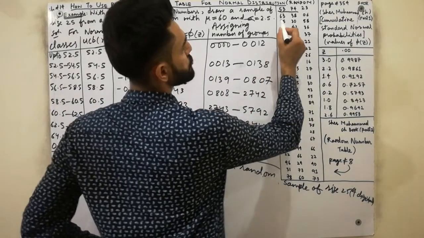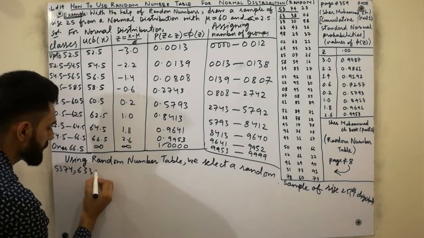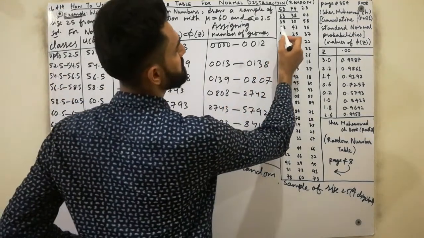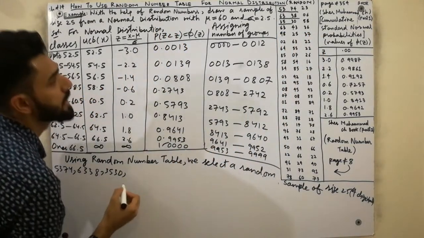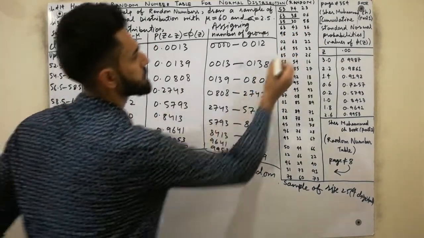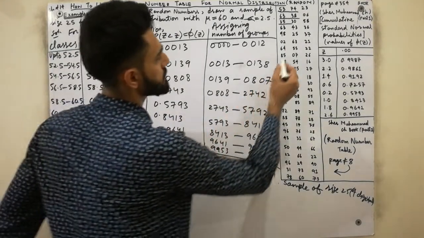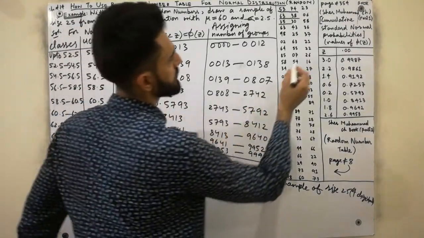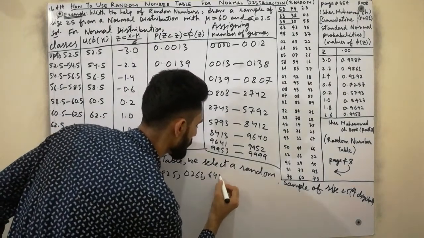574. Next, 6338. That size is 4 digit. Next, 3530. Next, 6343. Next, 9825. Next, 0263. Next, 6455.